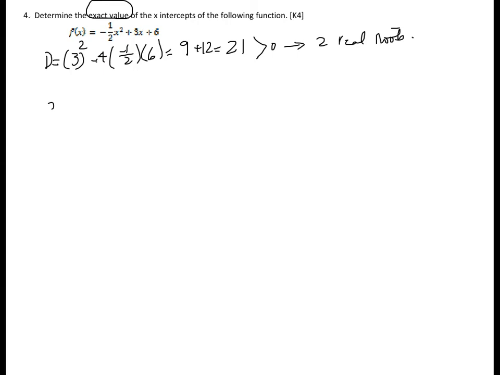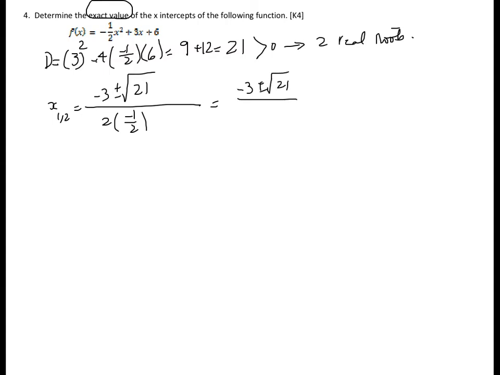Then we say that x1 and 2 roots are minus b plus or minus square root of D, which is 21, over 2a, 2 times negative 1 over 2. This simplifies to negative 3 plus or minus square root of 21 over negative 1 over 2 times 2, which gives you negative 1. Now if I multiply the numerator and denominator by negative 1, negative 1 times negative 3 gives me 3.